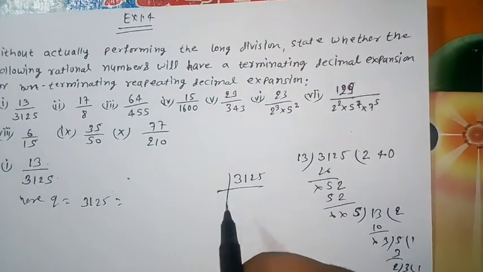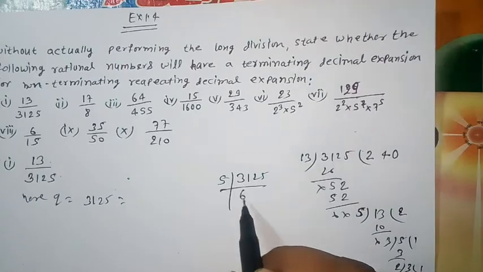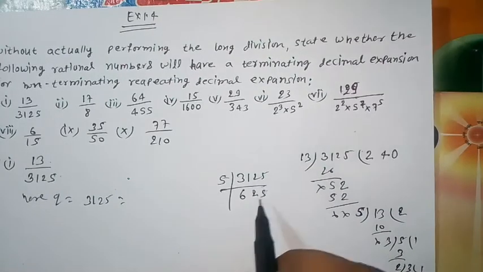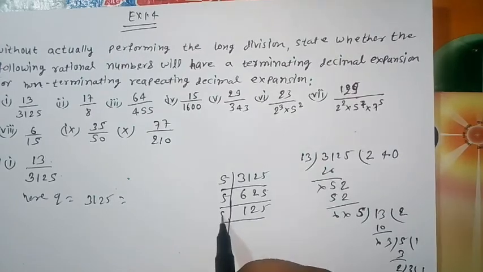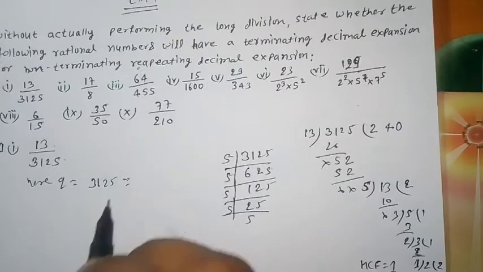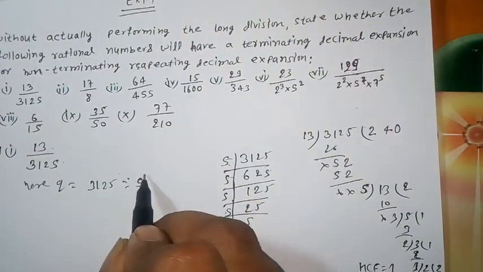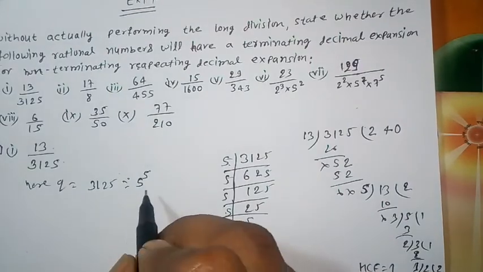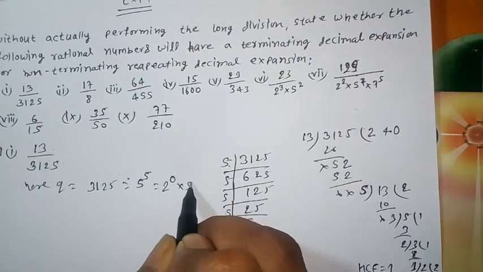Factorizing: 5 into 625, again 5 into 125, again 5 into 25, again 5 into 5. Here 5 appears 5 times. So 3125 is equal to 2 to the power 0 into 5 to the power 5.